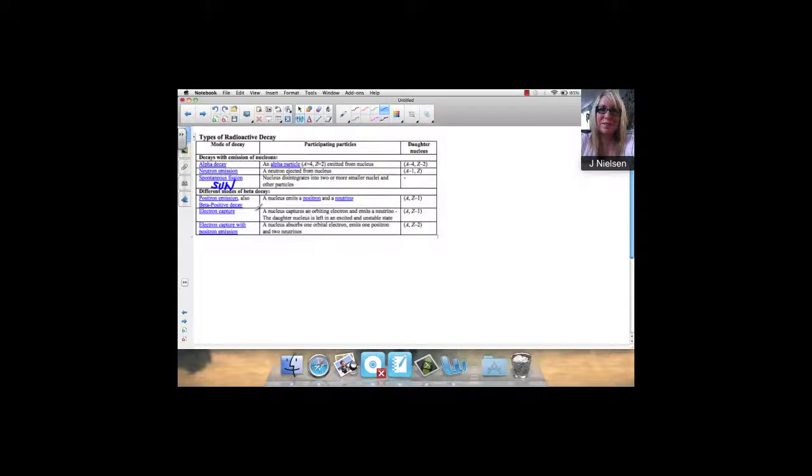The daughter nucleus is left in an excited and unstable state. And then you can also undergo electron capture with positron emission. So in that case, if it's positron emission, then it would emit 1 positron and 2 neutrons. And you don't have to memorize these. This is just different types of decay and what's going on.